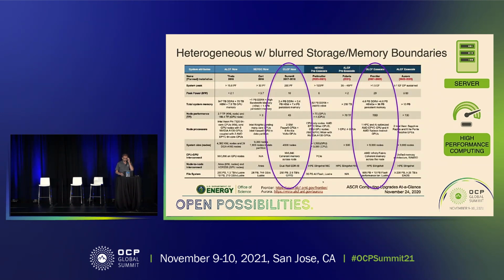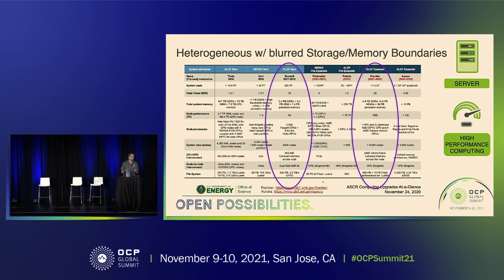This chart is a bit of an eye chart, but it represents the supercomputer roadmap. The two circled ones: the one on the left is the Summit machine that was number one of the top 500 back in 2018 to 2020, and the one on the right is a new Frontier machine that's just being turned on anytime soon. The key thing is that they are both heterogeneous, and we're seeing a blurring of the storage and memory boundaries.